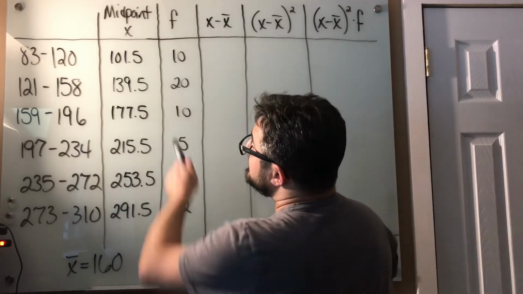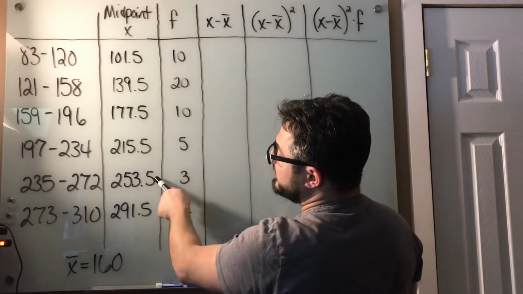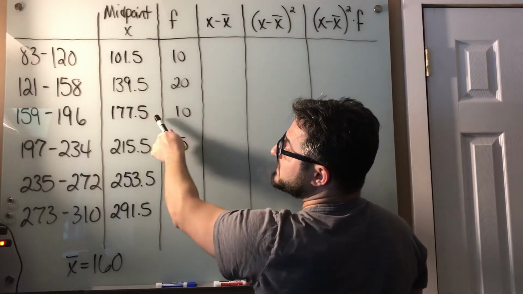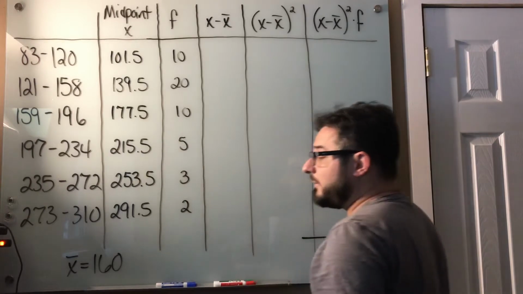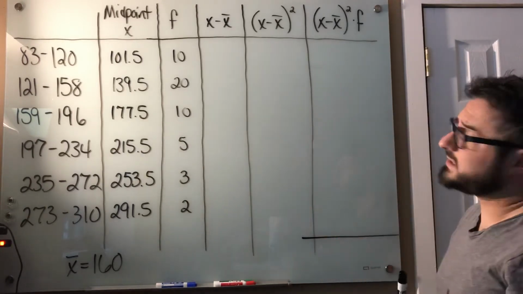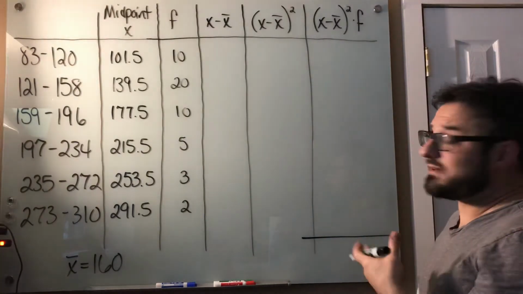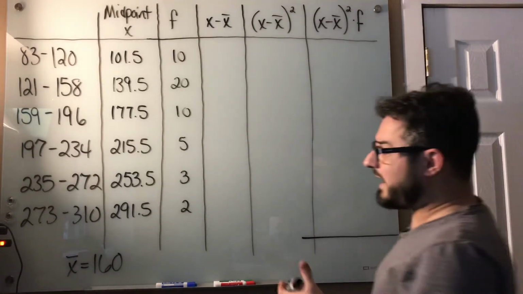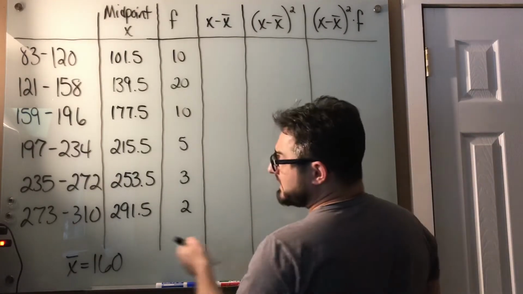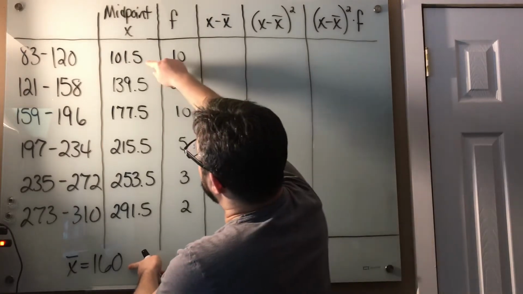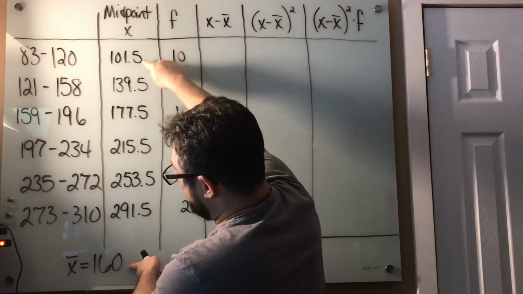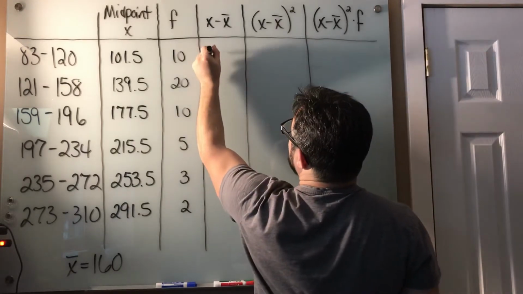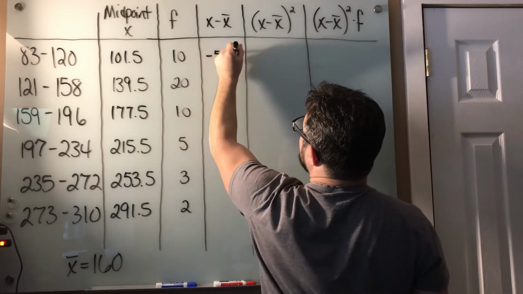The nice thing is that the same way the midpoints follow the pattern of the class width, plus 38, plus 38, and so on, once we find the differences, the deviations, they're actually going to follow the exact same pattern. Because this is fixed, so when we do 101.5 minus 160, we get negative 58.5.